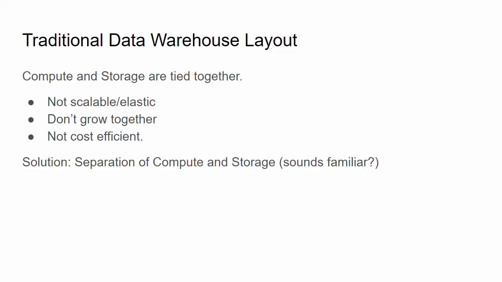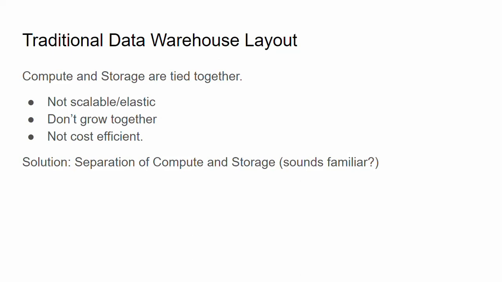And in the future, when you have more things happening, when you require more analysis, you will definitely need to increase your compute, whereas your storage is still growing at a steady pace. So compute and storage each have a different growth pattern, and it is not cost efficient to tie them together in different nodes.